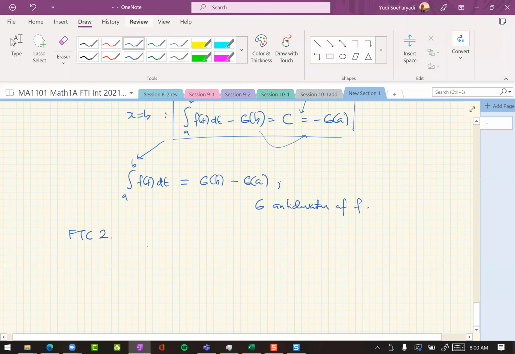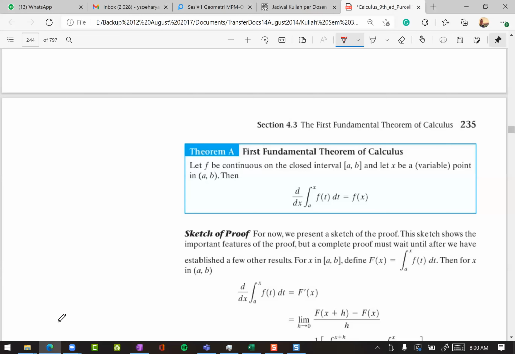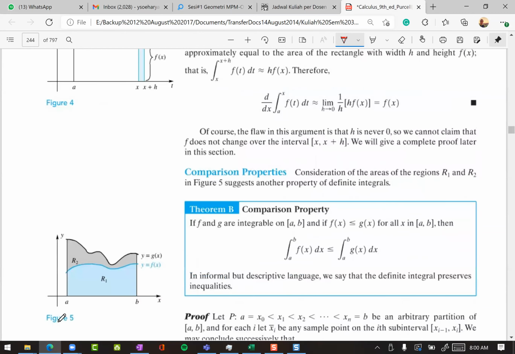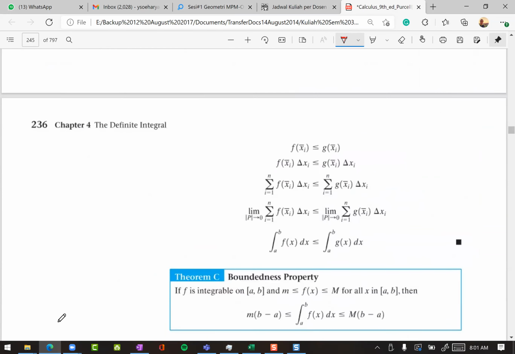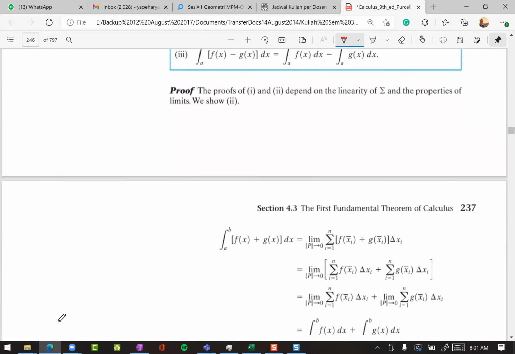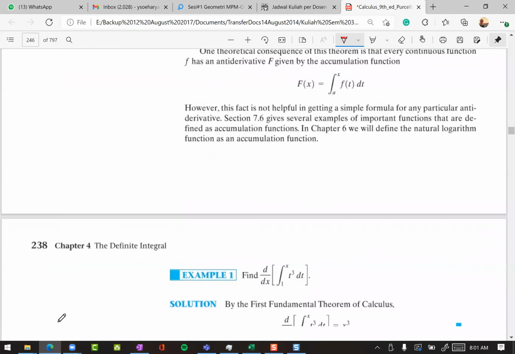Second one is this. Let me just copy from, oops. Second one.